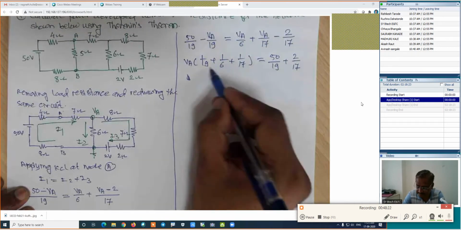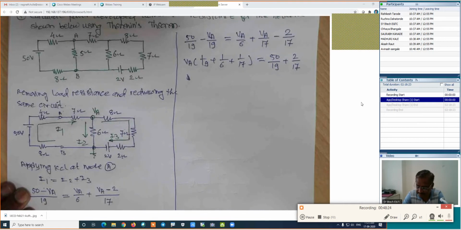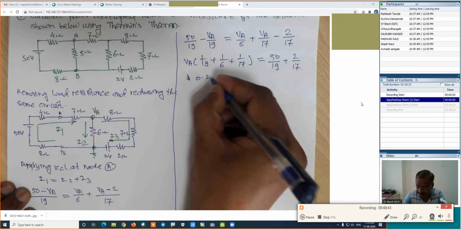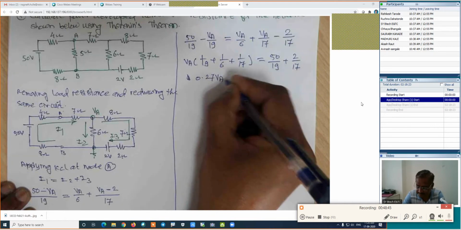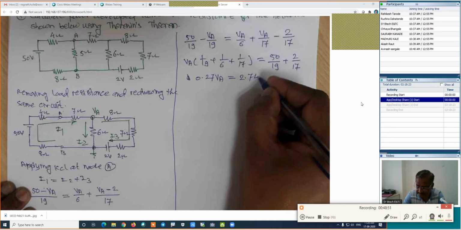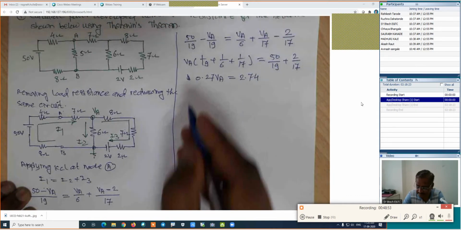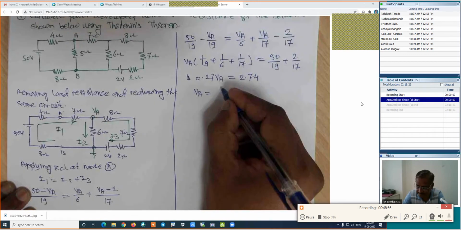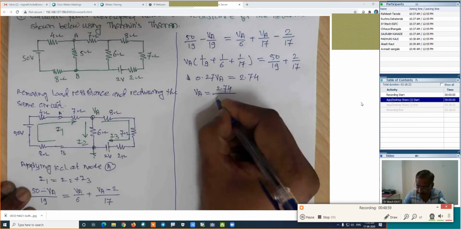How much is the value of this bracket? Yes, 0.27 VA, which is equal to 2.74. 2.74 is the equation, and from this equation VA is equal to 2.74 divided by 0.27.